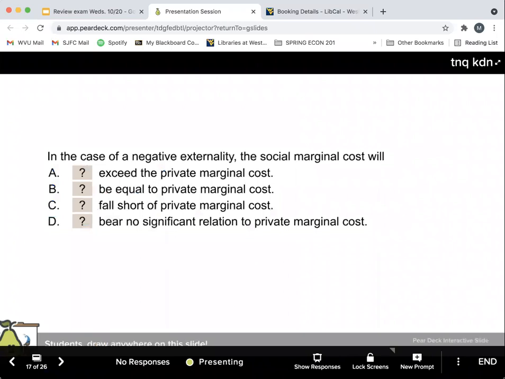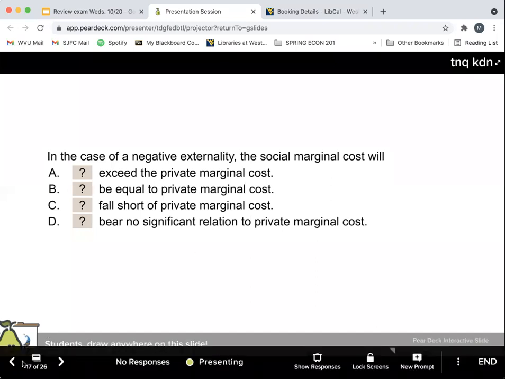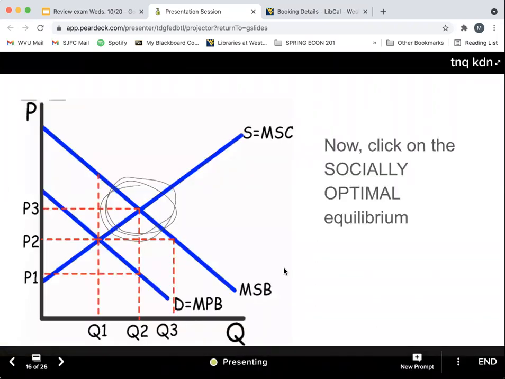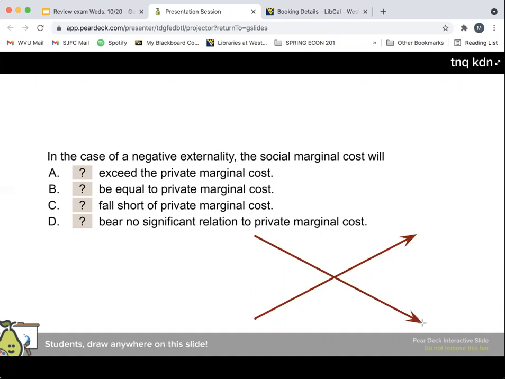All right, so in the case of a negative externality, the social marginal cost. So we just looked at this graph where we had a positive externality. When we have that negative externality, what we're going to see is this.